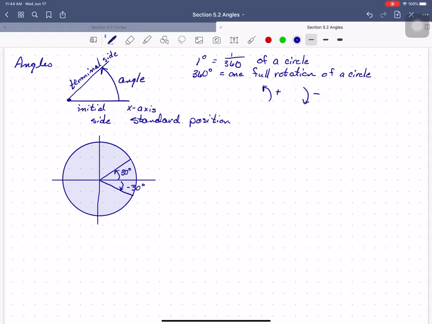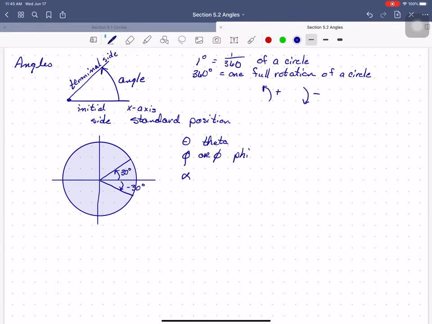Now, we're going to use Greek letters in this class to signify angles a lot. So just so you have a language, this symbol is theta. This, or this, is phi.